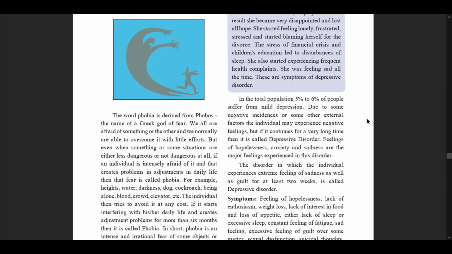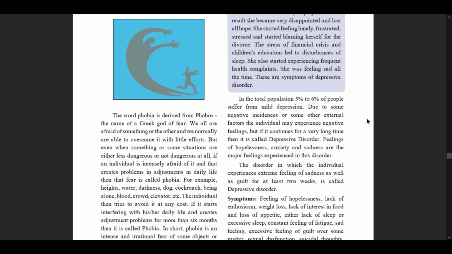In the total population, 5 to 6% of people suffer from mild depression due to some negative incidents or other external factors. The individual may experience negative feelings, but if it continues for a very long time, then it is called depressive disorder. So this is also a criterion for depressive disorders.